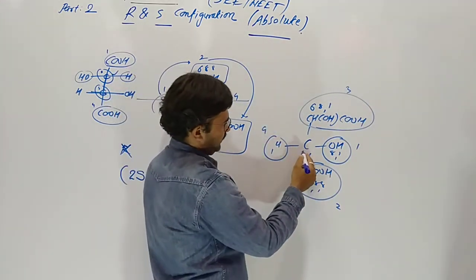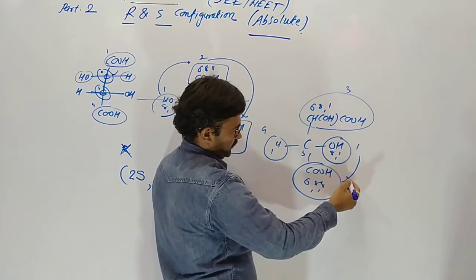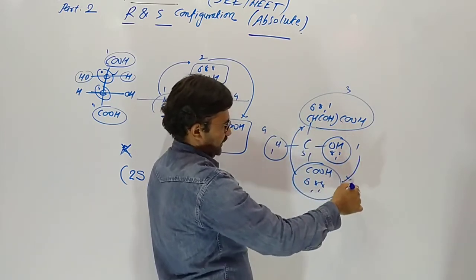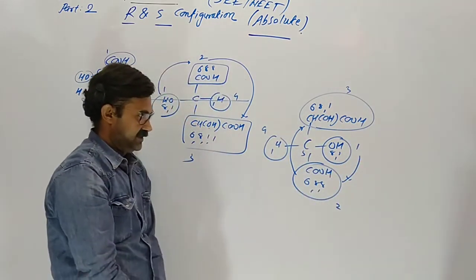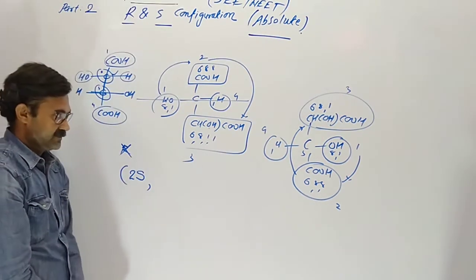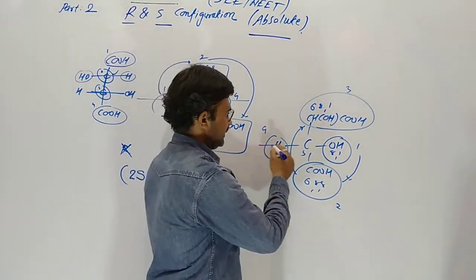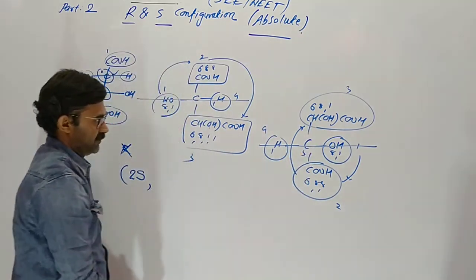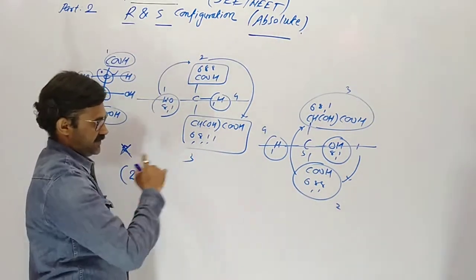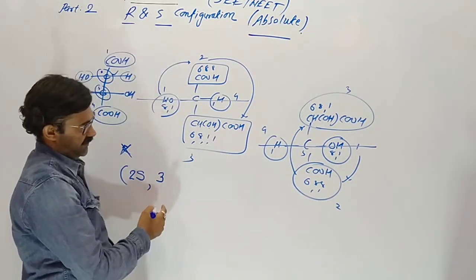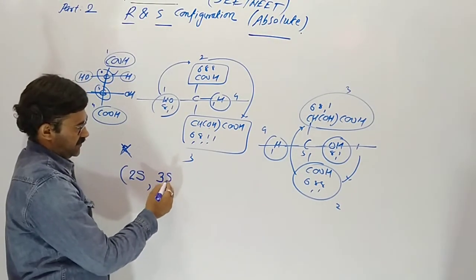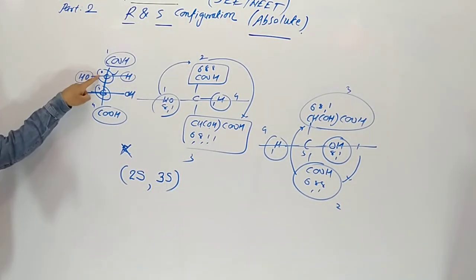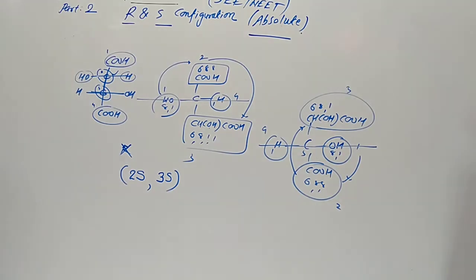Now on reading the third carbon, 1, 2 and 3, it appears clockwise, it appears R, but it should be S because number 4 is on the horizontal line. So the third carbon has S configuration. So 2S and 3S is the answer. The first and fourth are not chiral carbons; otherwise we would have to define them also.